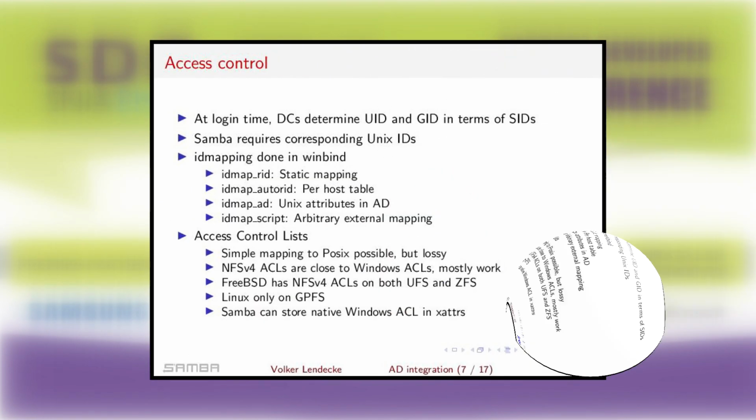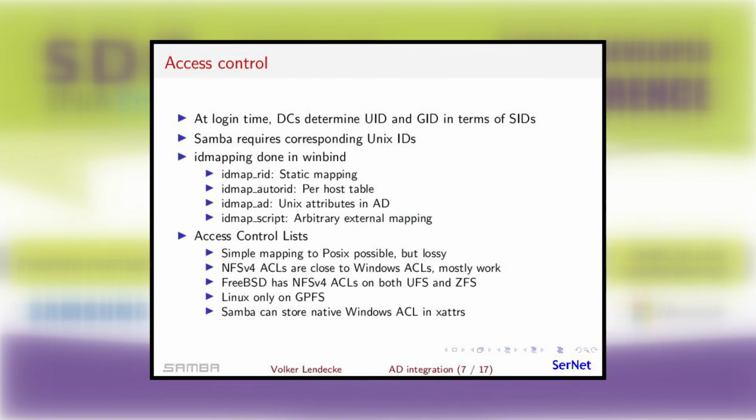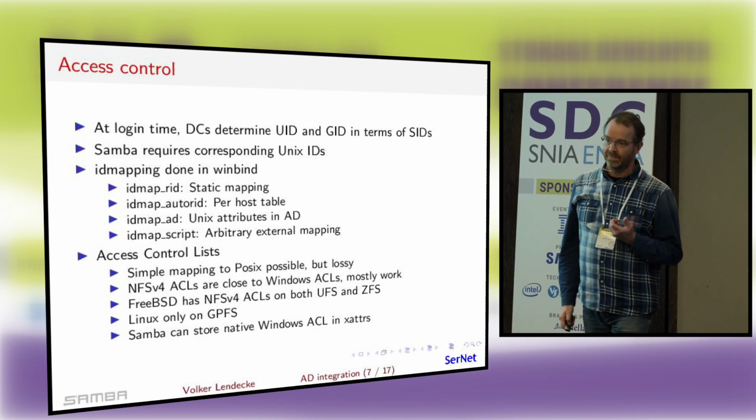Our default way is right now TDB. What we would like to be is idmap autorid. What it means is Winbind invents local Unix IDs.